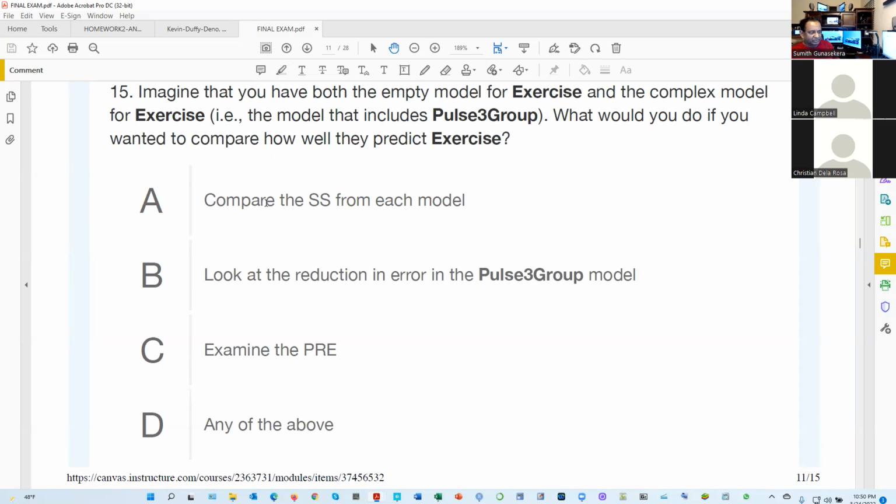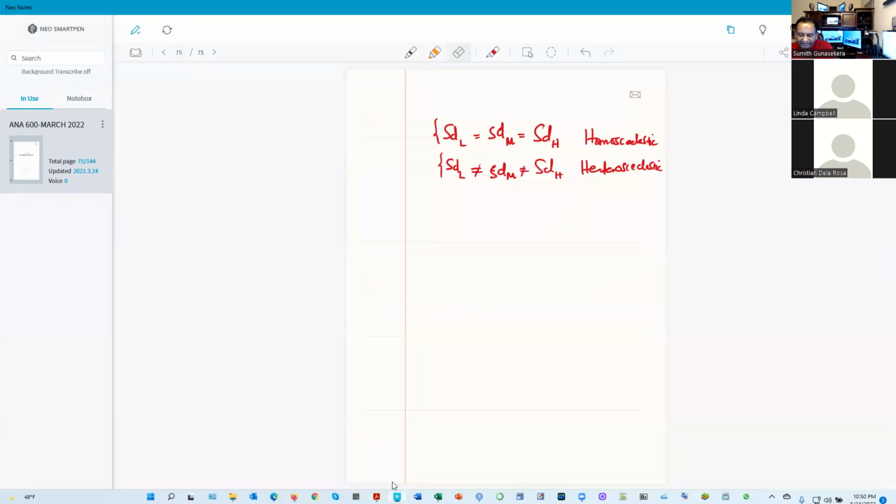Okay. If you go with the SSR, PRE, the same thing, F, same thing. So you're going to say SSR1 from the first model and SSR2 from the second model.